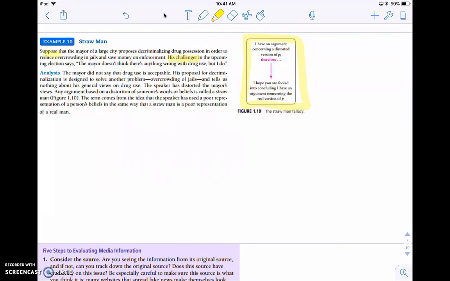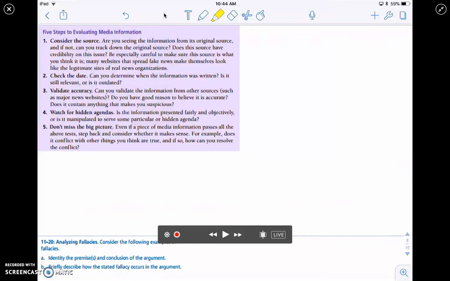In reality, the reasons why the mayor wants to decriminalize drug possession have nothing to do with whether he thinks it's right or wrong. He's trying to get rid of another problem, which is overcrowding in jails and saving money on enforcement. So the straw man argument is used quite a bit.